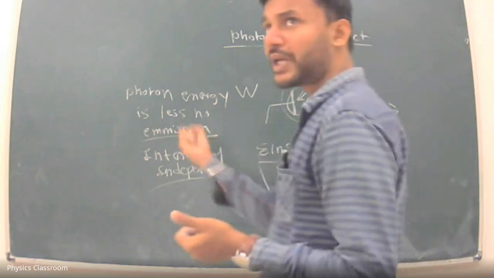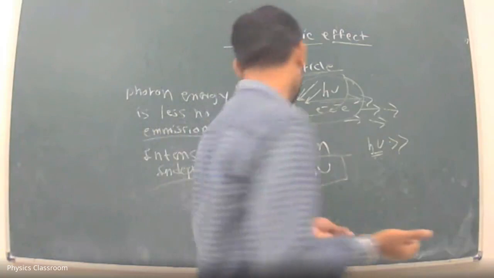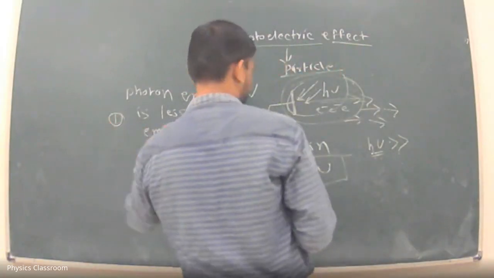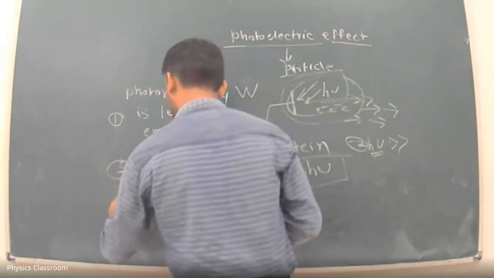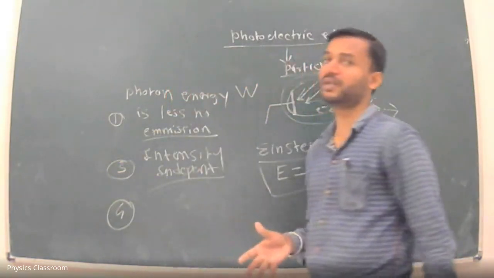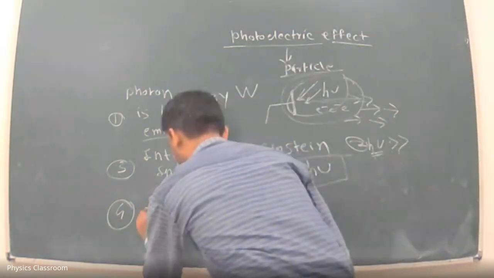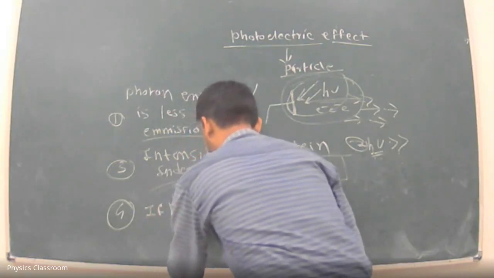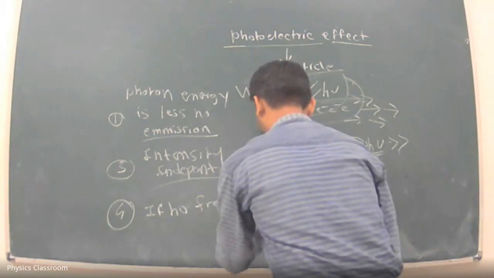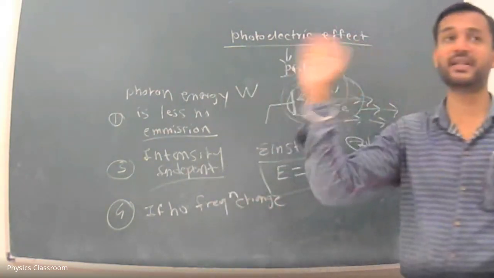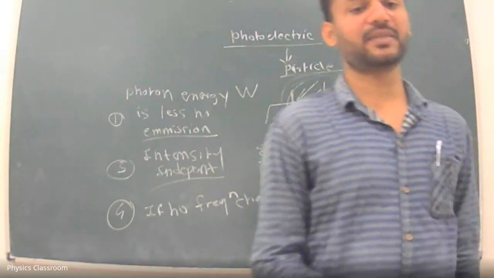This is the first one, this is the second one, this is the third one, and the fourth one. What is the fourth one? If the incident photon frequency h nu changes, what happens at that time?